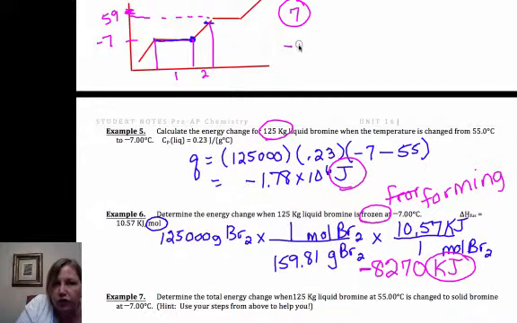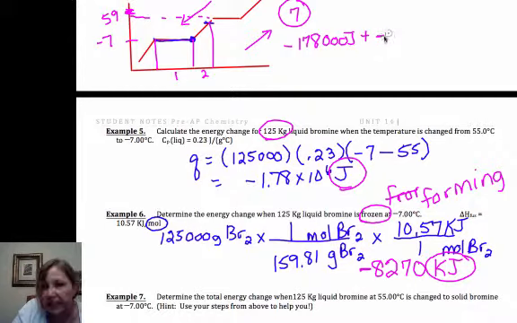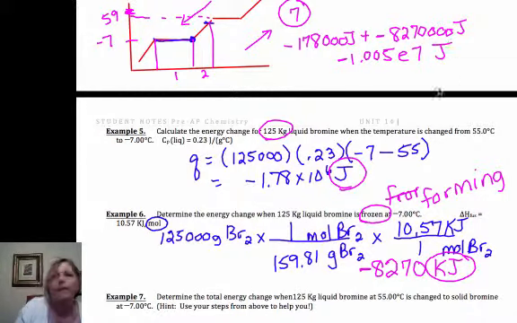And I happen to have done joules, so I've got 178,000 joules plus a negative, and they should be the same sign, okay? Because you're either going up where they're all positive or down and they're all negative. So negative 8271234 joules, and this ended up being minus 1.005 times 10 to the 7th joules. So again, if you would please, double check my algebra on that, I would really appreciate it.